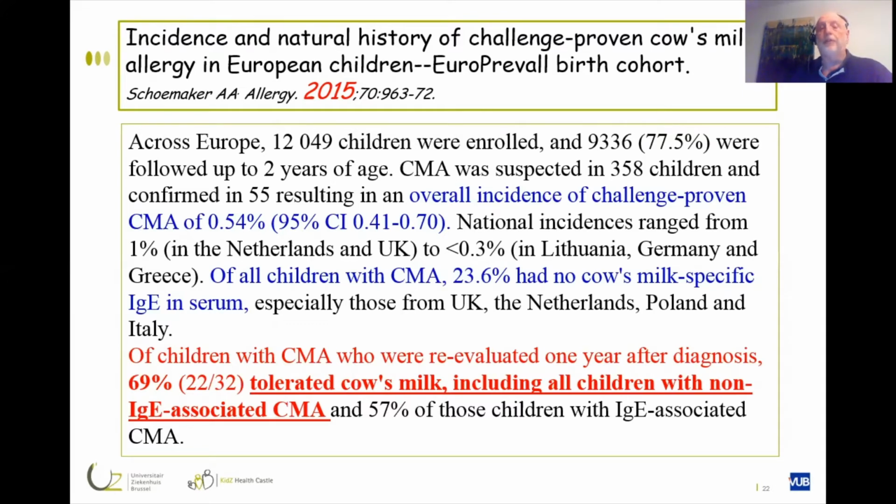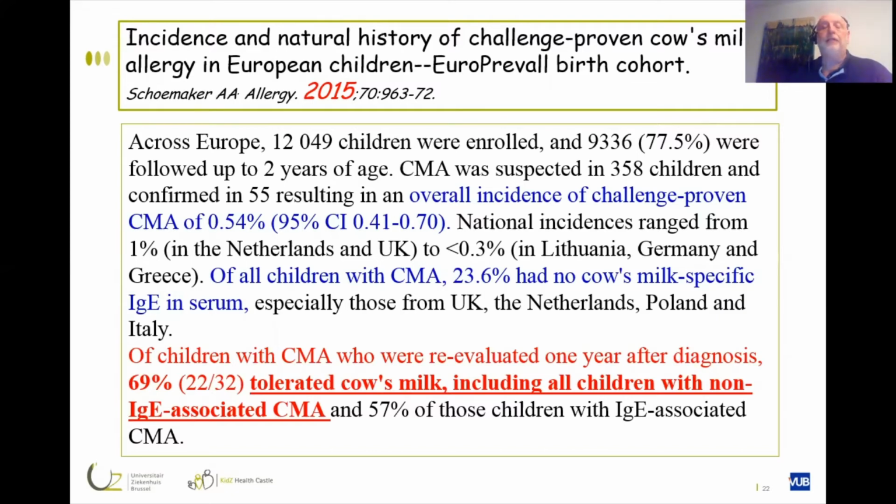And of the children with cow's milk allergy who were re-evaluated 1 year after the diagnosis, 70% tolerated cow's milk, including all children with non-IgE associated cow's milk allergy, and 57% of those with IgE associated cow's milk allergy.